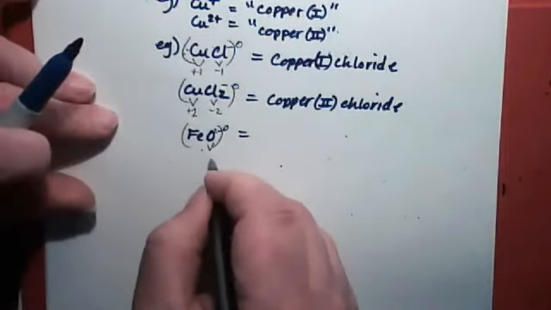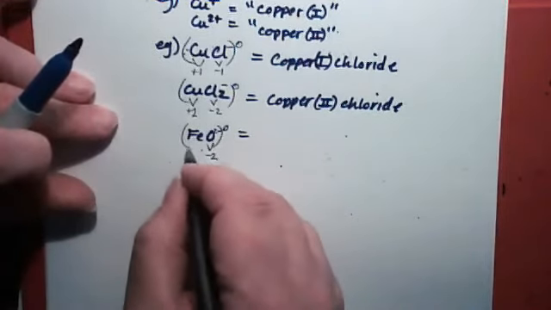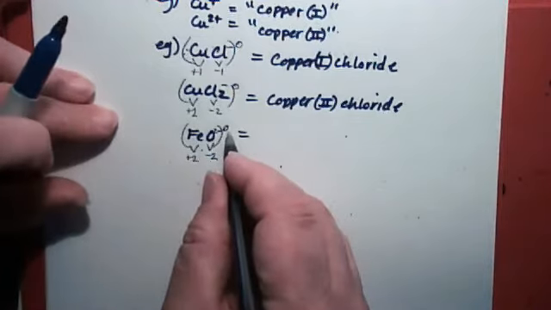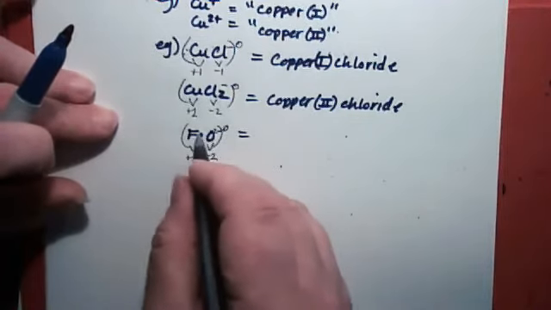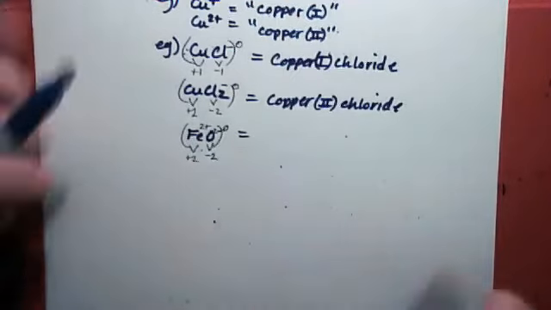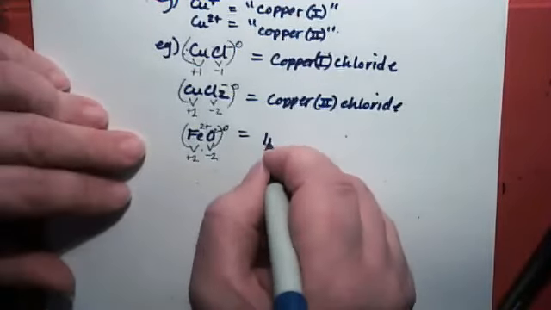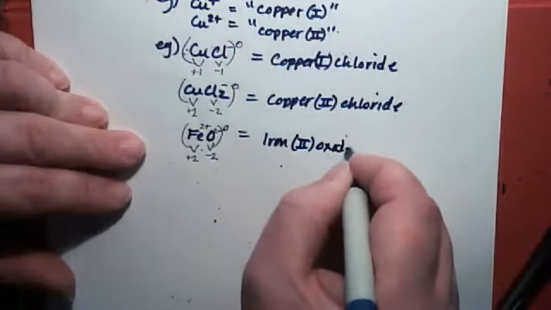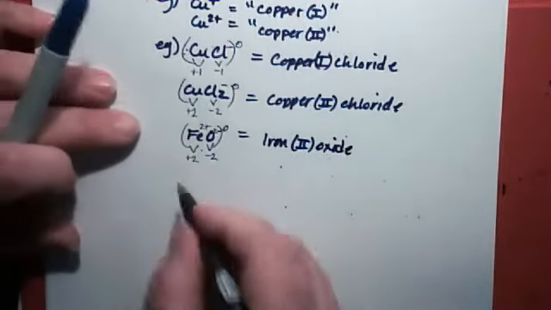So the oxygen part of the molecule is -2. That means the iron part of the molecule has to be +2 to bring it back up to 0. And there's only one iron atom there, so that iron atom is itself +2. So that's iron 2 oxide.